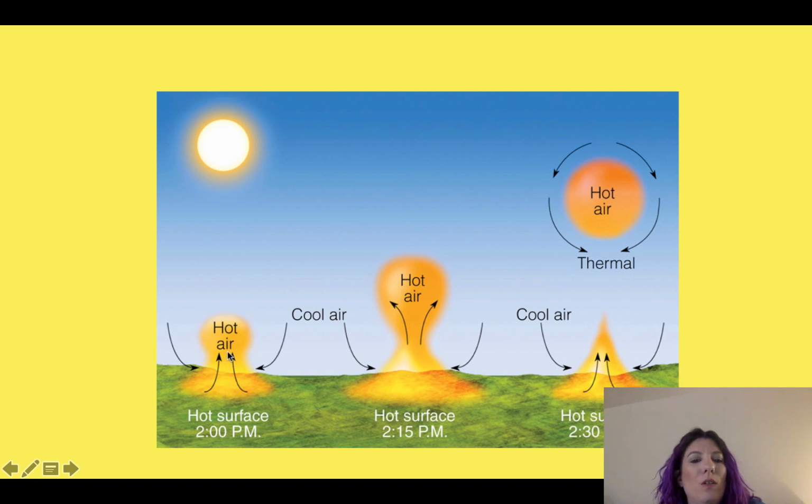That warm air is going to rise, and then a little bit later on, you can see it rising enough to where it forms a little bubble, and then eventually it'll rise up enough to where it forms its own little thermal, its own little pocket of air that's going to be warmer than the surrounding air. By the way, the cool air will come down and replace the warm air, because it's displaced, right? Think about a liquid. If a liquid is moved up, then more liquid will move down in order to fill in the gaps.